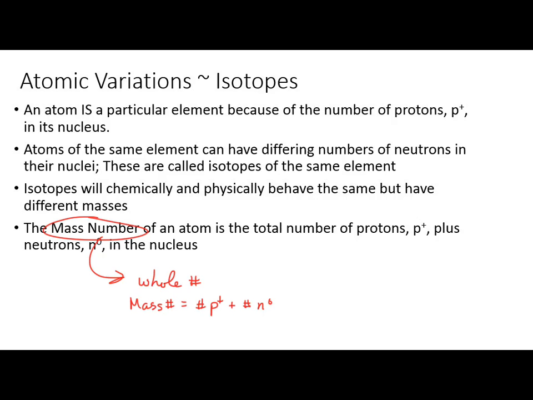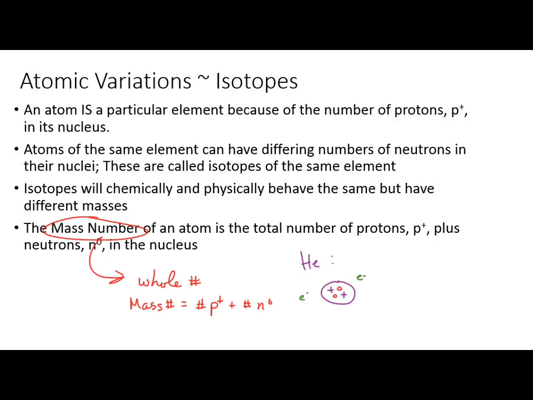We might have picked on the element helium the other day. I know this is helium because it's got 2 protons in its center. Probably the most common form of helium has 2 neutrons. Let's make it neutral, so I'll give it 2 electrons. There's my little helium atom.